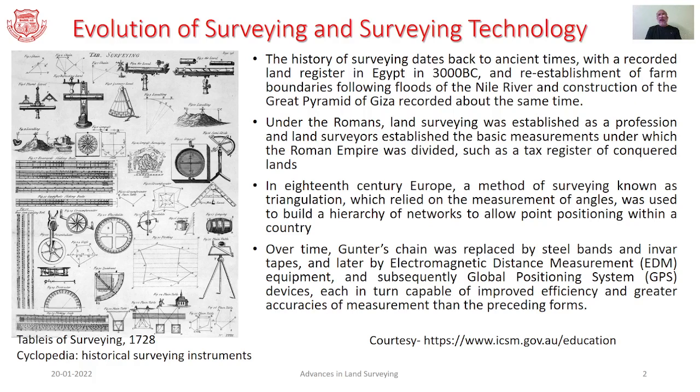Under the Roman era, land surveying was established as a profession, and these basic measurements were used to divide the lands as well as to create the tax register for the lands that had been conquered.